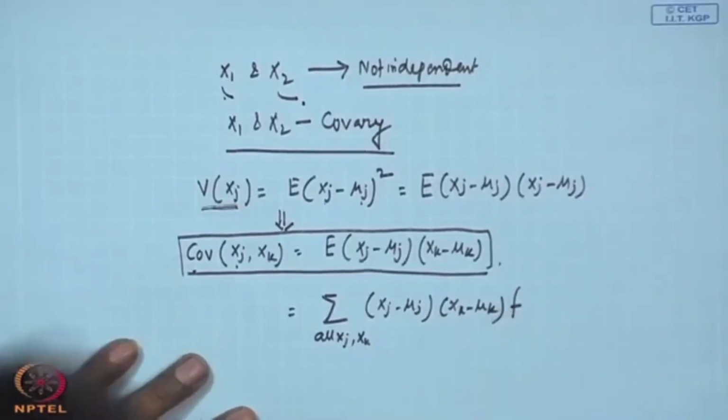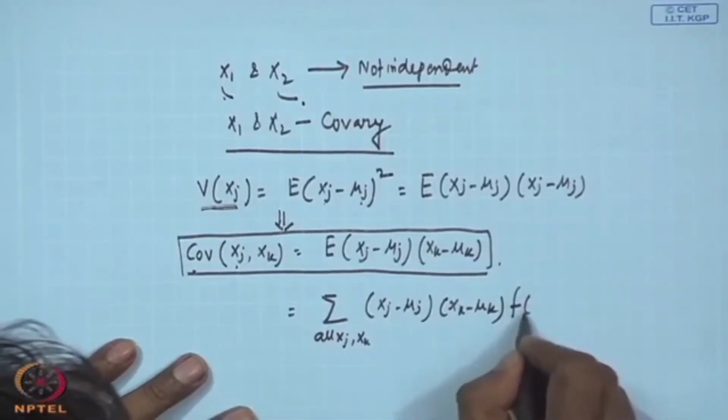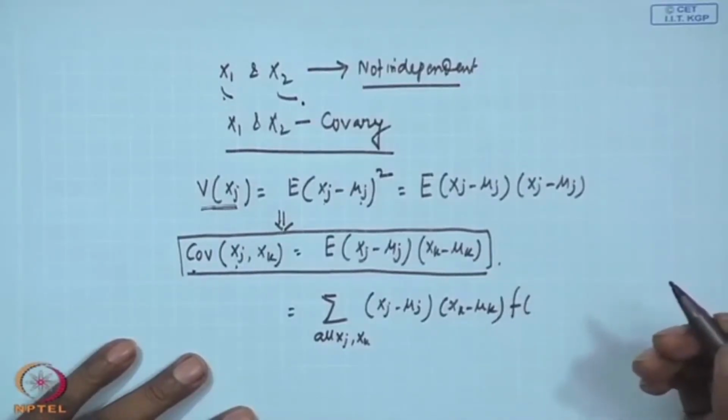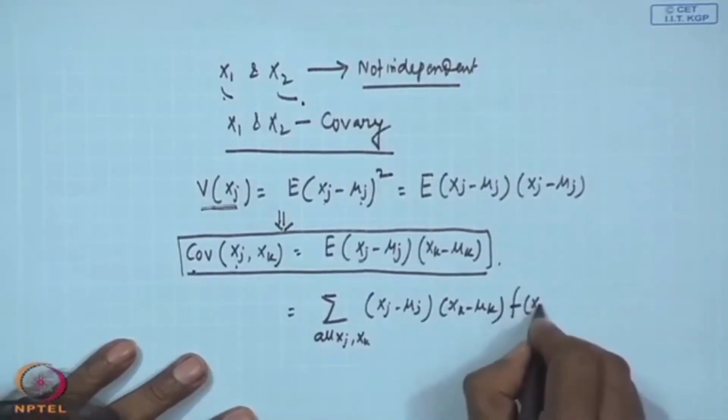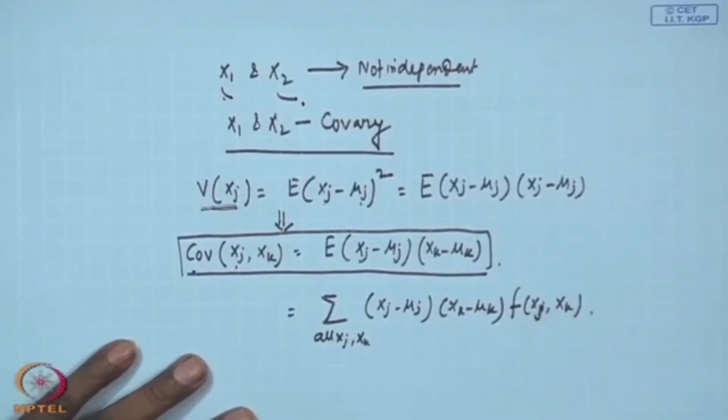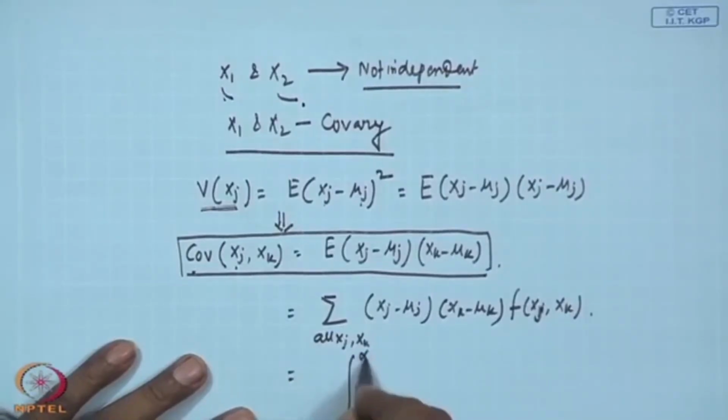What will we write here for the probability density function? Can we write x k and x j separately, or we will write x j joint probability? We have to write the joint probability here, and in the continuous case you have to write like this.